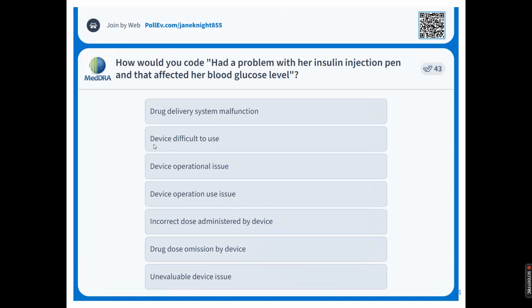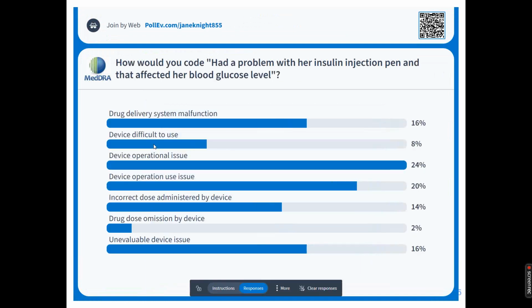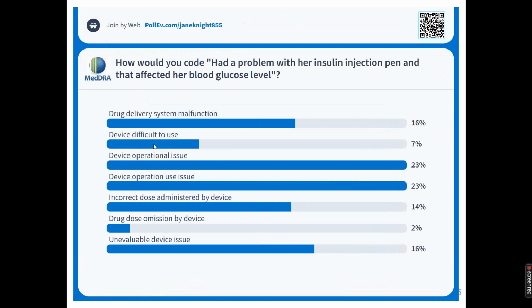Okay, so let's see where your votes are. You can carry on voting. So drug delivery system malfunction was the first one. Do we know that the pen has malfunctioned? That would be my question to you. For me, her saying she had a problem with it, was it that she couldn't use it?